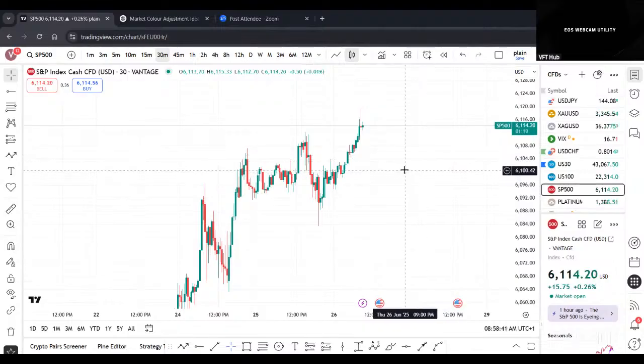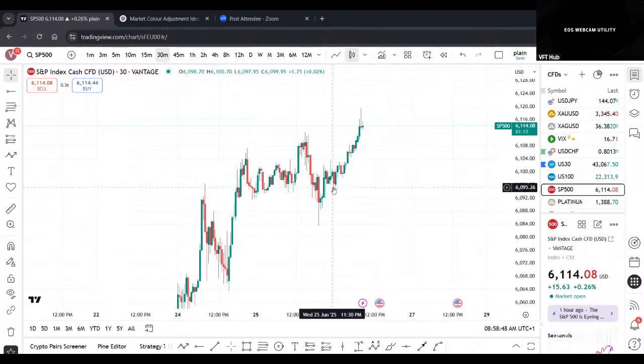One thing I really don't recommend if you don't have a sizable account: if for any reason price comes to that zone on US100 and S&P 500, and I see signatures for a buy, I can go back to US30 and buy the basket, meaning I'm buying US30, S&P 500, and US100.